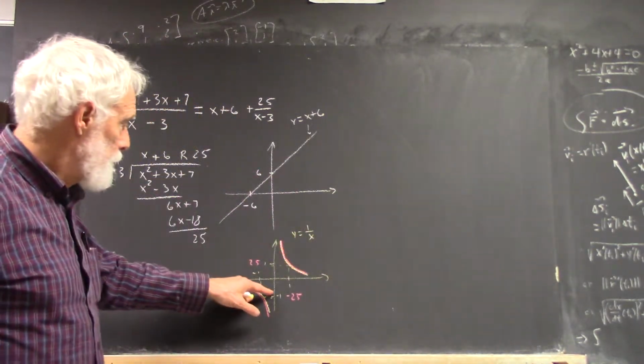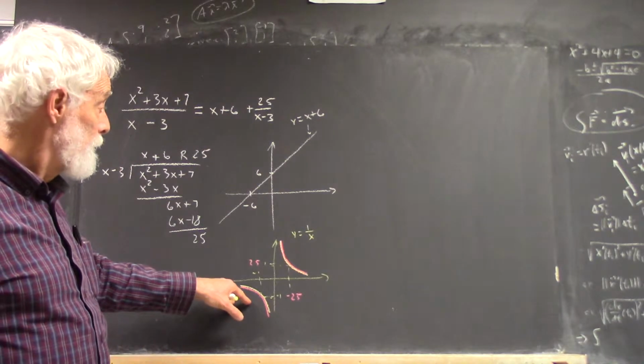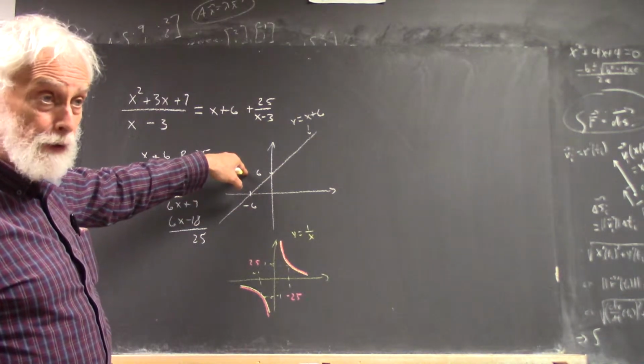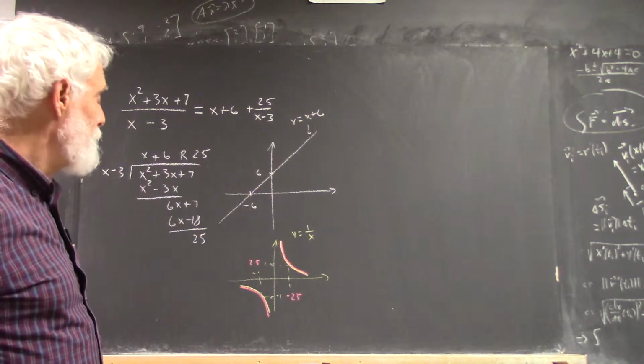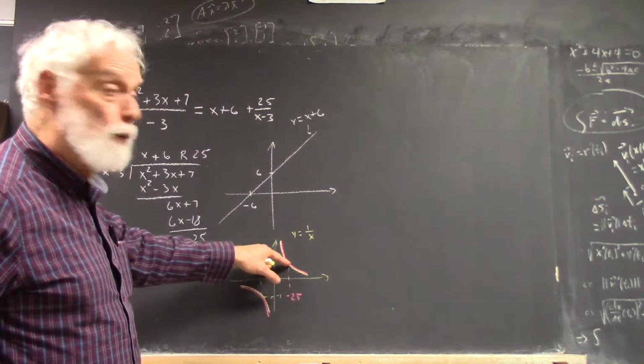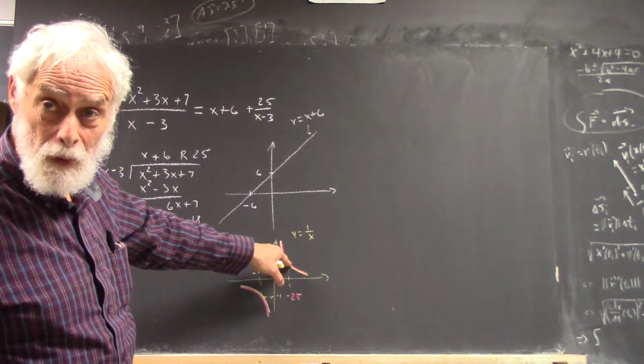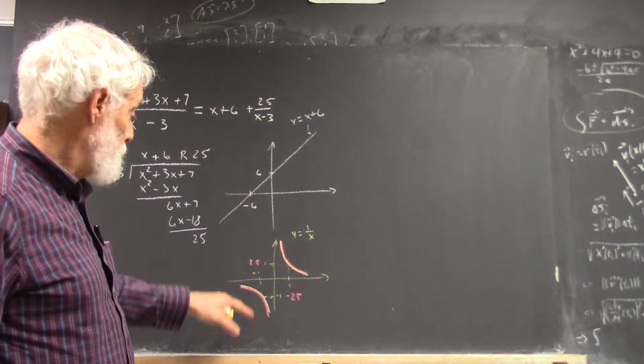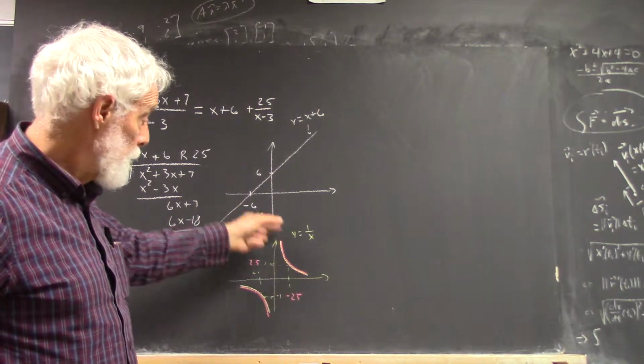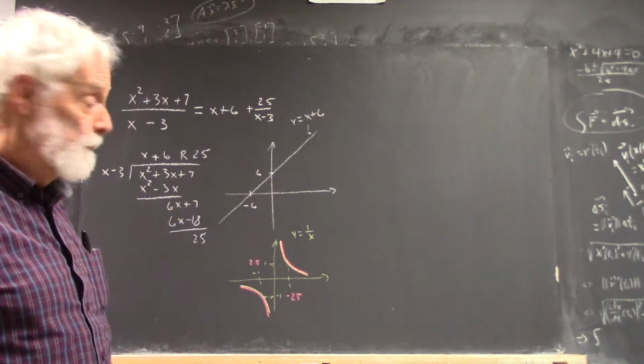Now, this graph has two different scales. It's not on the same scale as this one, but we can see that we're going to have the point 1, 25 on this graph, right? We're going to have the point negative 1, negative 25, and the graph's going to have this same basic shape.